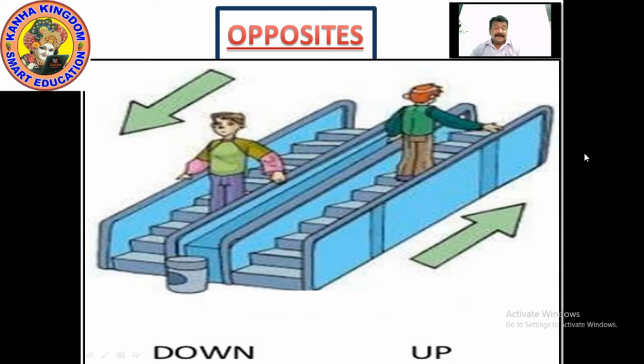Down means getting down from the first storey or any storey to the ground level, right? And up means going towards the upper level. Coming down means coming towards downwards. If you are at the second, you are coming to the first. From the first, you are coming down to the ground.